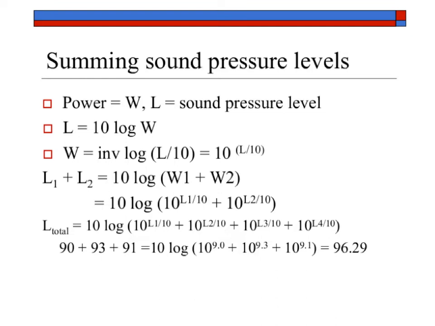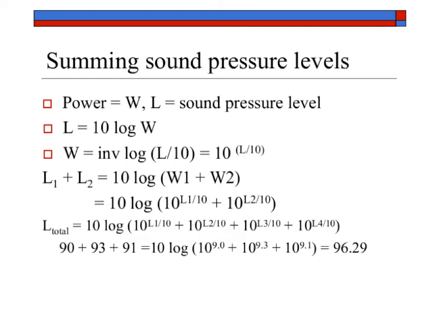Now when we want to add up levels L1 and L2, we know that the sound powers add, so the sum is just 10 log of W1 plus W2. W1, referring to our previous line, is 10 to the L1 over 10, and W2 is 10 to the L2 over 10. So there's our formula.